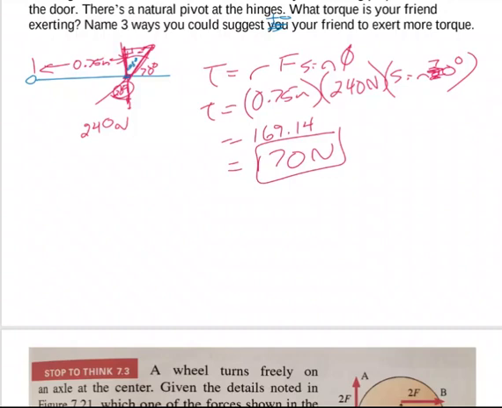So three ways we could be smarter about our torque. Well, I can tell our friend, you need to go to the weight room. No. Make your angle, push on it straight, push perpendicular. Go farther out, push farther out.